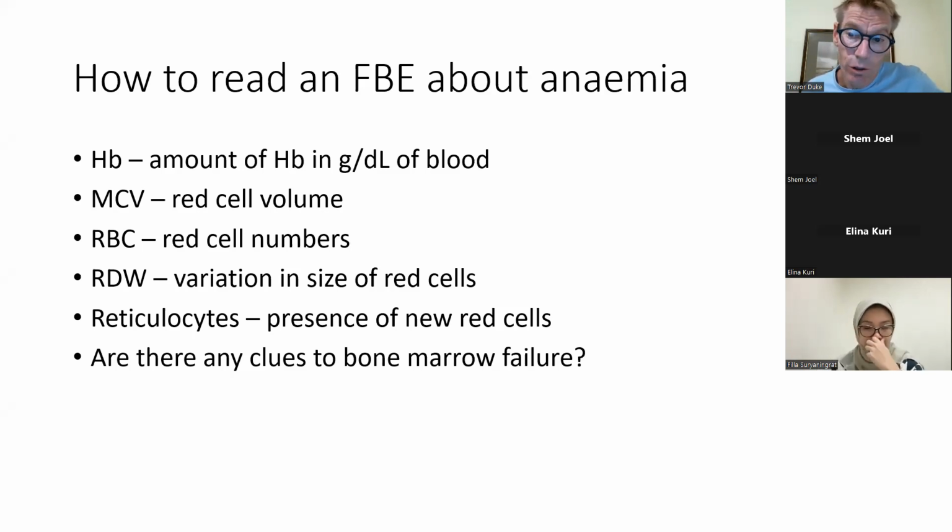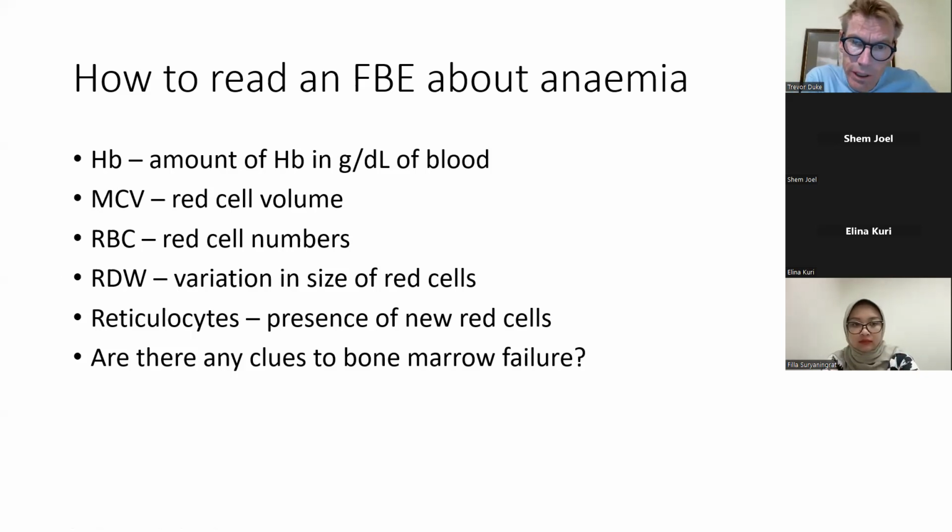That can be a good clue to different types of anemia, like iron deficiency anemia. But the RDW is also often high in different sorts of hemolytic anemia. So they're the main four parameters of the red cells that you look at in a full blood count.